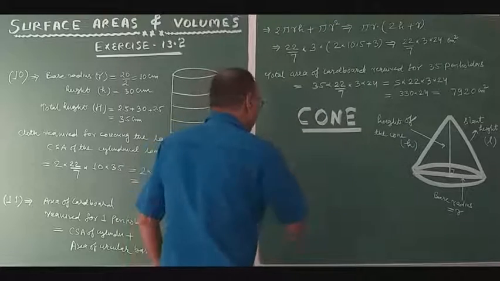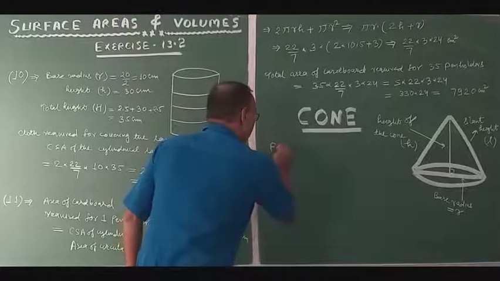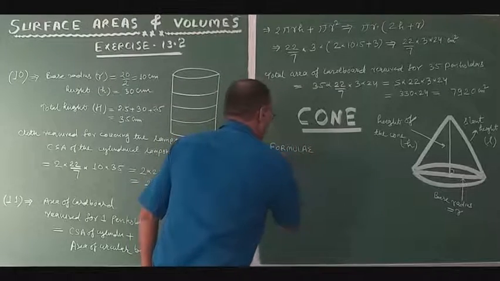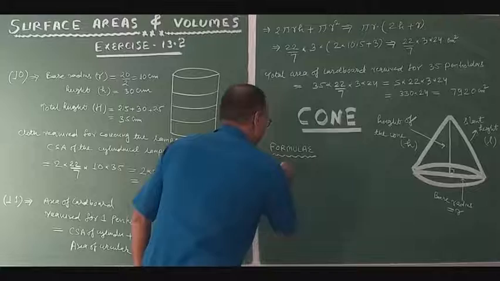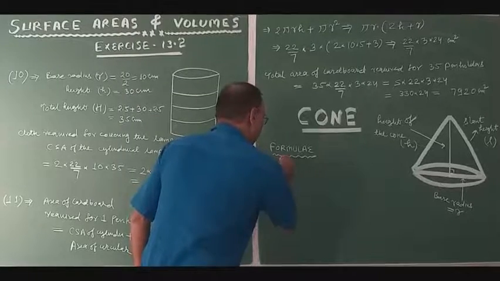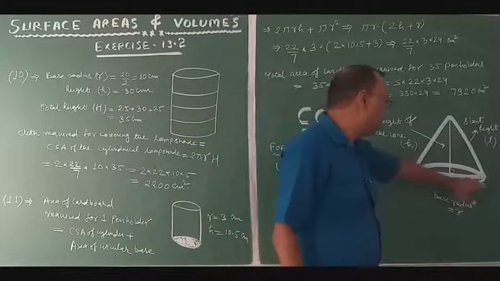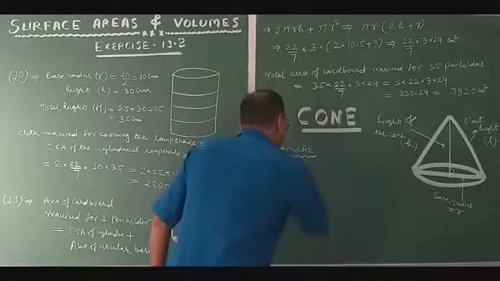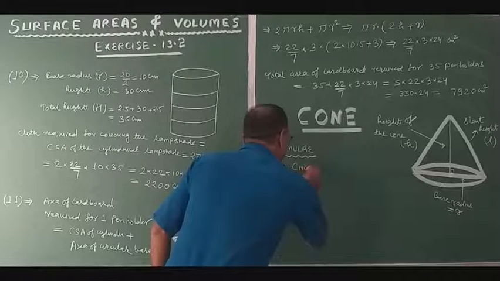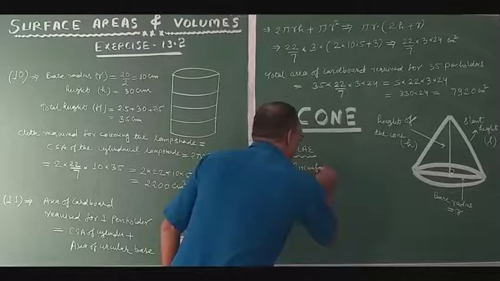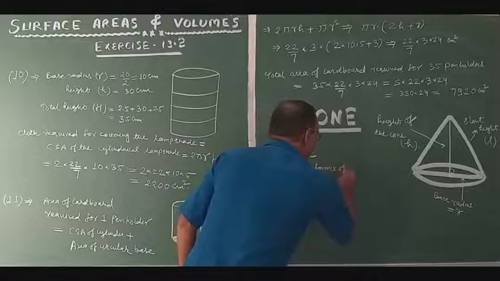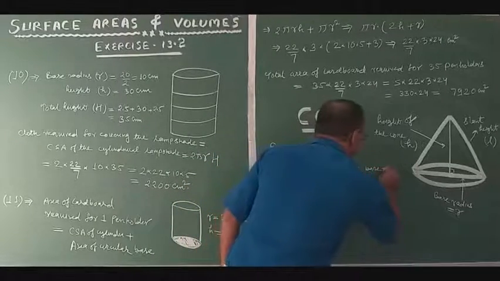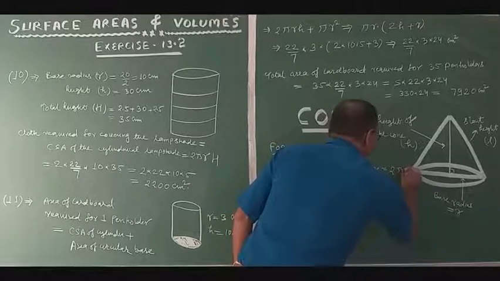Now just look at the formulas. The first one: this base is a circular base, so the circumference of the base is given by 2 pi r.